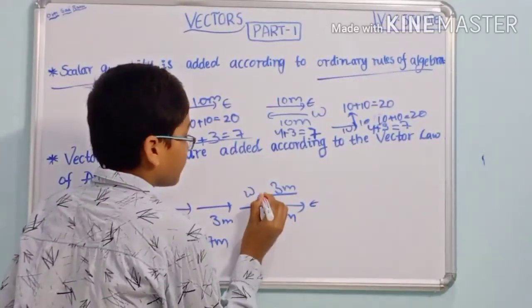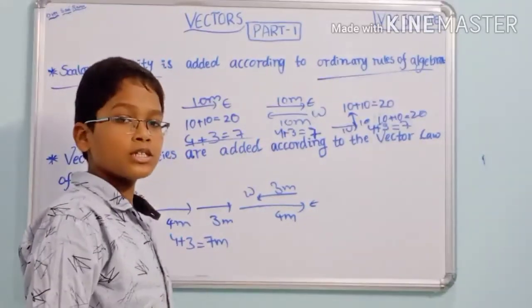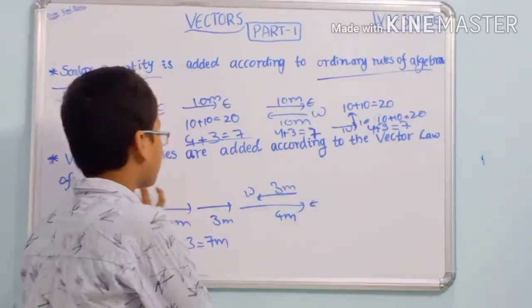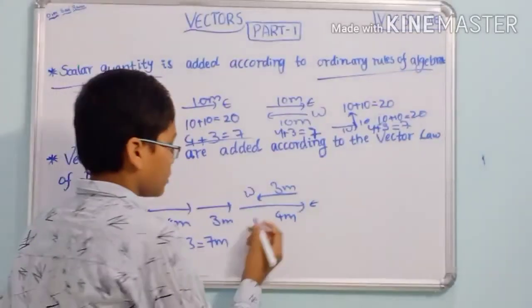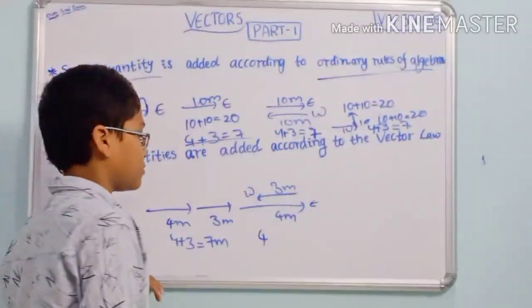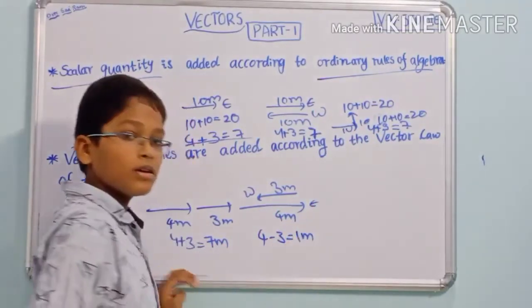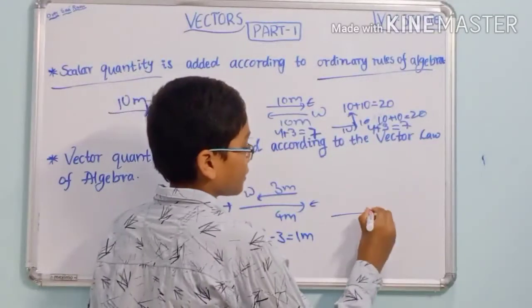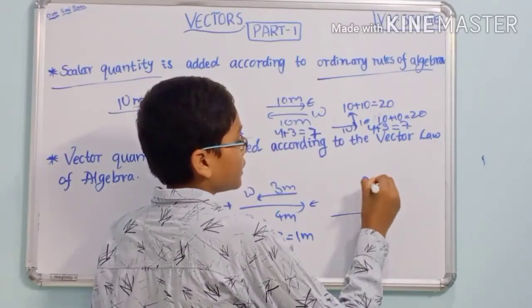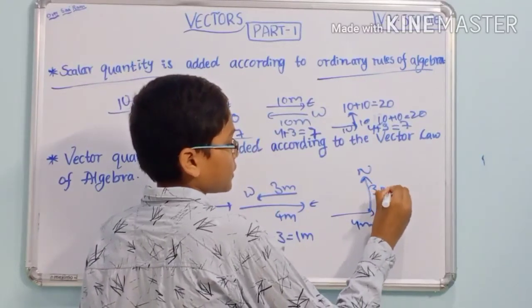Okay. Now see. Displacement only we want. Distance is scalar, so we should take the vector quantity, that is displacement. Now I am taking east as positive. 4 minus 3, 1 meter. See again. East, 4 meters, then north, 3 meters.